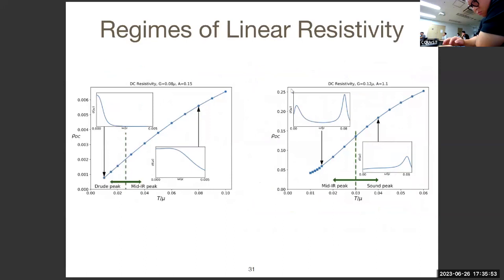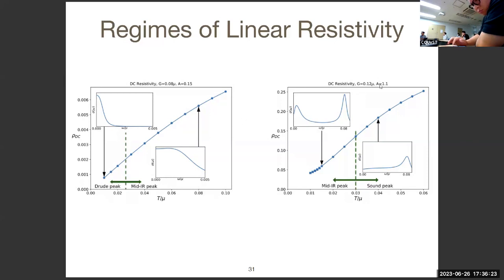However, you'll see in a moment why I'm showing these diagrams. This is approximately linear at least, but it's more or less completely oblivious to this transition between a Drude peak-like AC conductivity and a mid-IR peak-like AC conductivity. So you have the mid-IR peak over here and the Drude peak over here, but this DC resistivity is more or less insensitive.